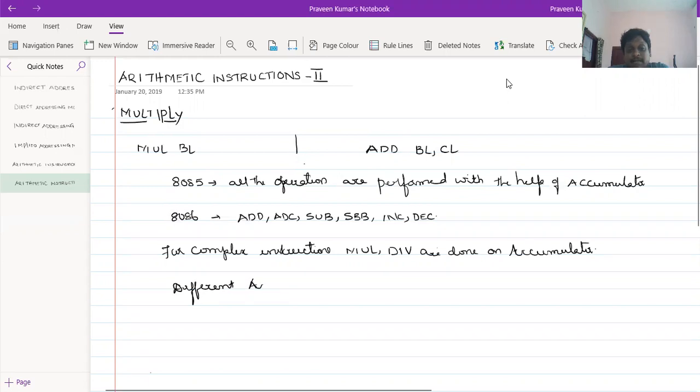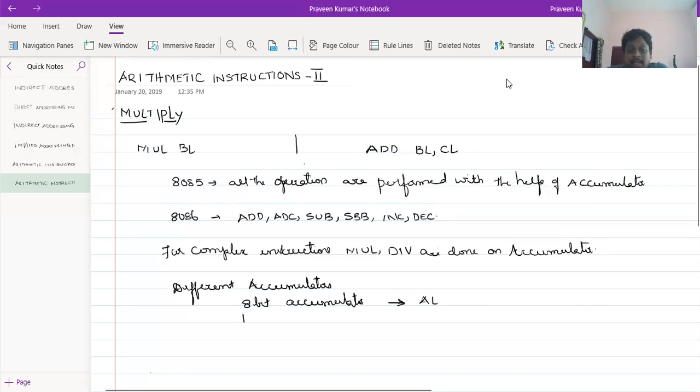There are three different accumulators in 8086. They are the 8-bit accumulator, that is the AL register. It is only the AL register, it cannot be AH.